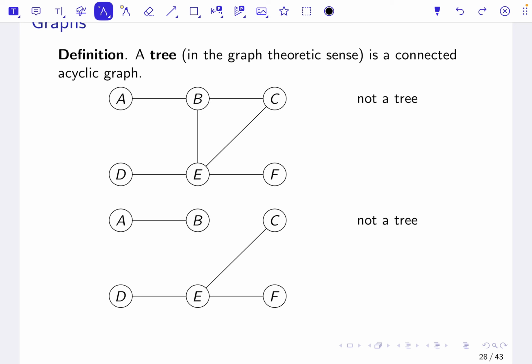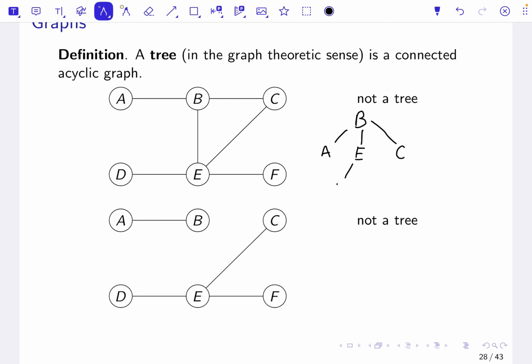I'm going to attempt to prove a point. So I'm going to choose B as the root. It's going to have a child A. It's going to have a child E and a child C. This is fine so far. It's a tree, but not a binary tree.